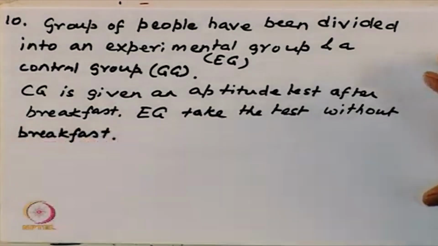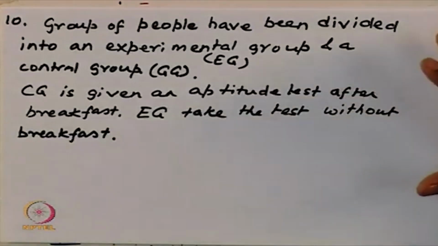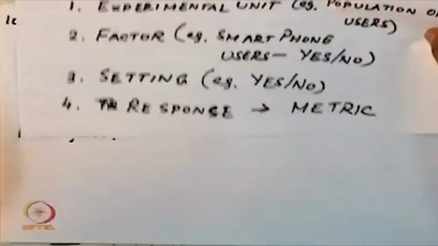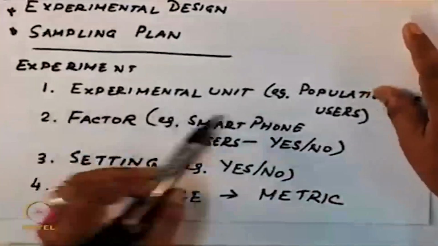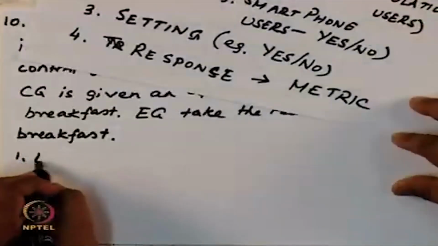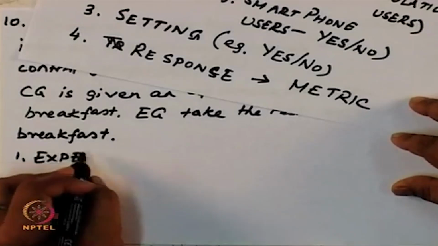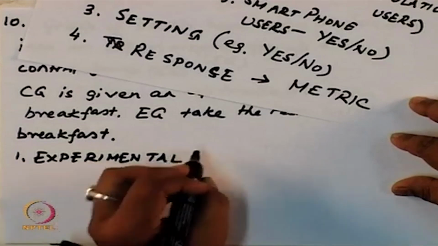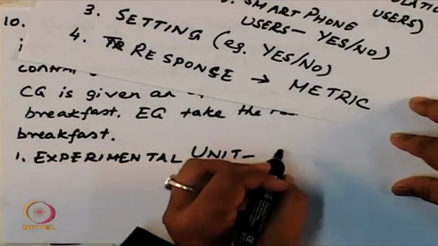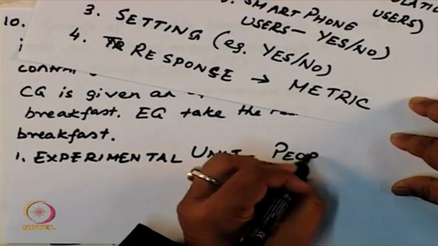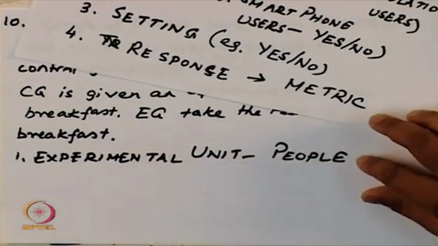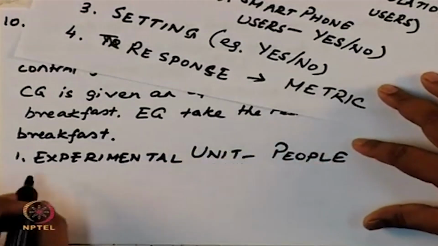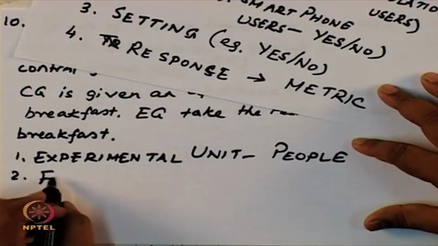So, let us identify each of the things that we said. What is my experimental unit? In this case it is just people, the people who are taking the test, both the experimental and the control group. What is the factor?